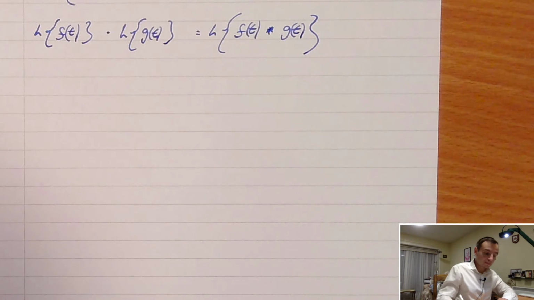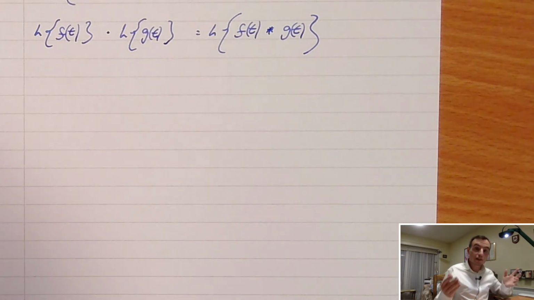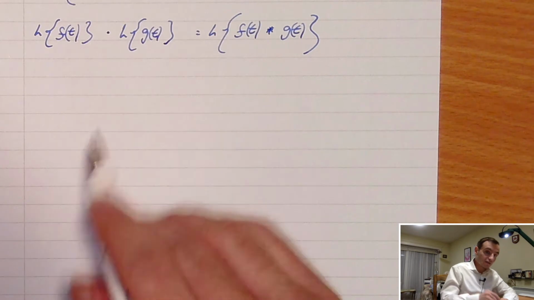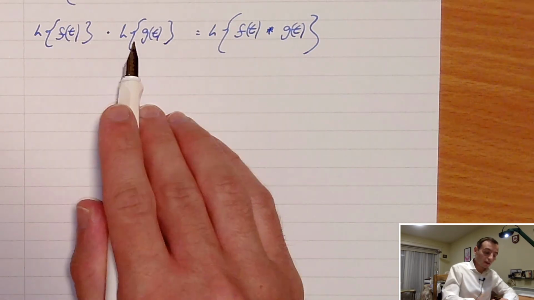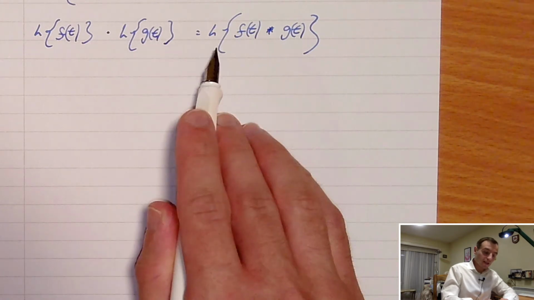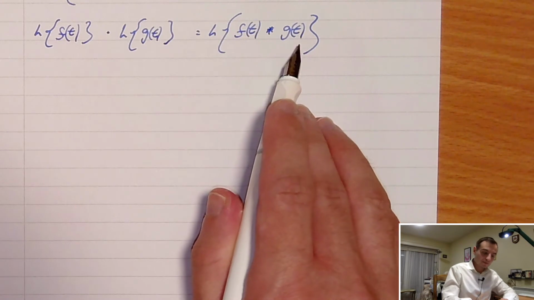Again, we're not interested in what convolution is. We're just looking at a principal identity that's going to show us why it's so useful in solving inverse Laplace transforms. So the Laplace transform of f of t times the Laplace transform of g of t equals the Laplace transform of f of t convolved with g of t.